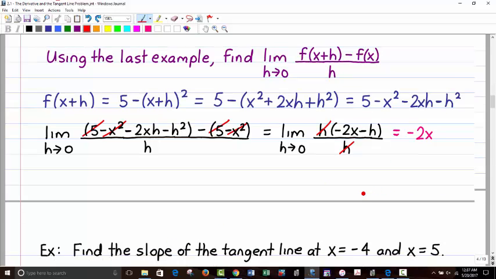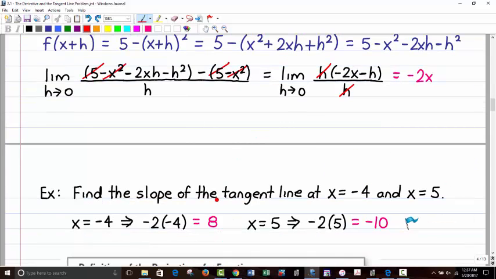So now, look at this. I could quickly come up with 2 other values, like -4 or 5, without doing that other process. I would just plug them right in for x. So -2 times -4 is +8. And then put in +5, you'll get -10.